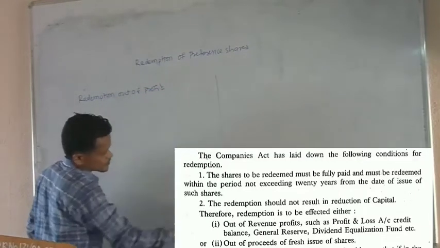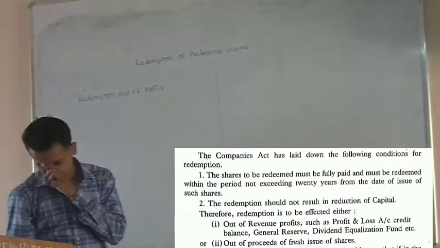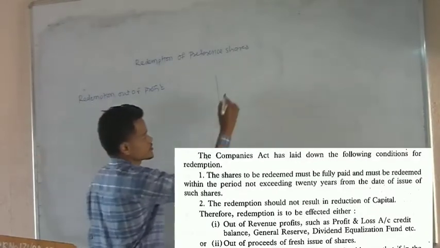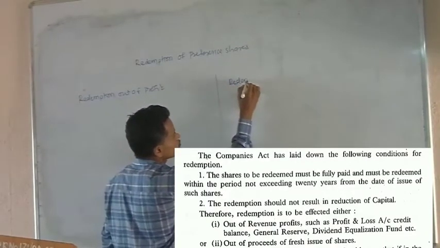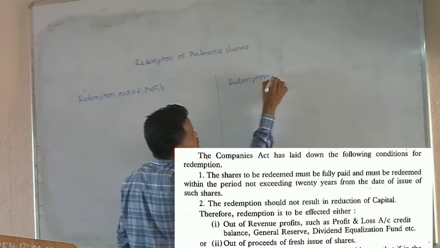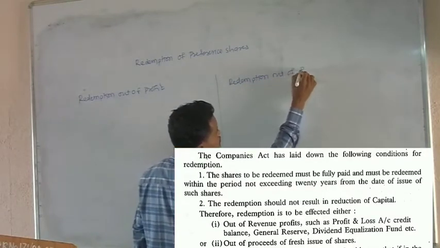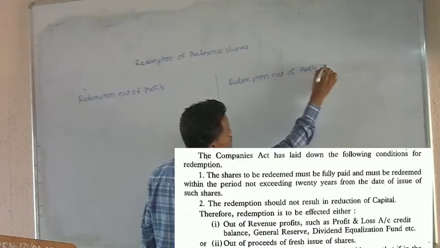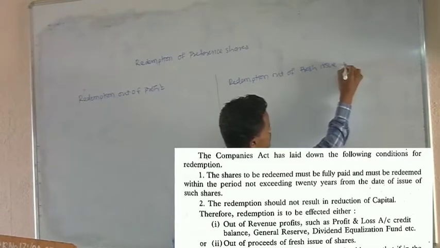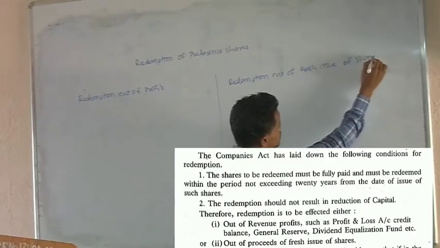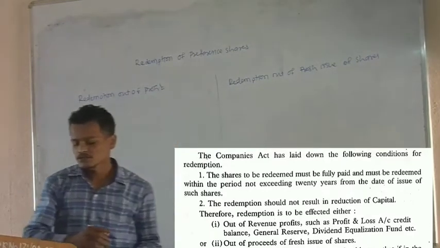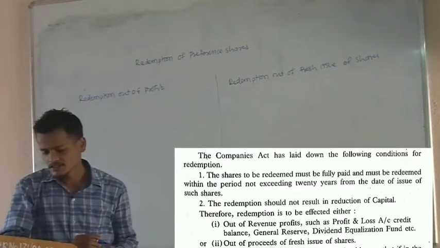And the second method is redemption out of fresh issue of shares. So these are the two methods which are used by the company to redeem the preference shares.